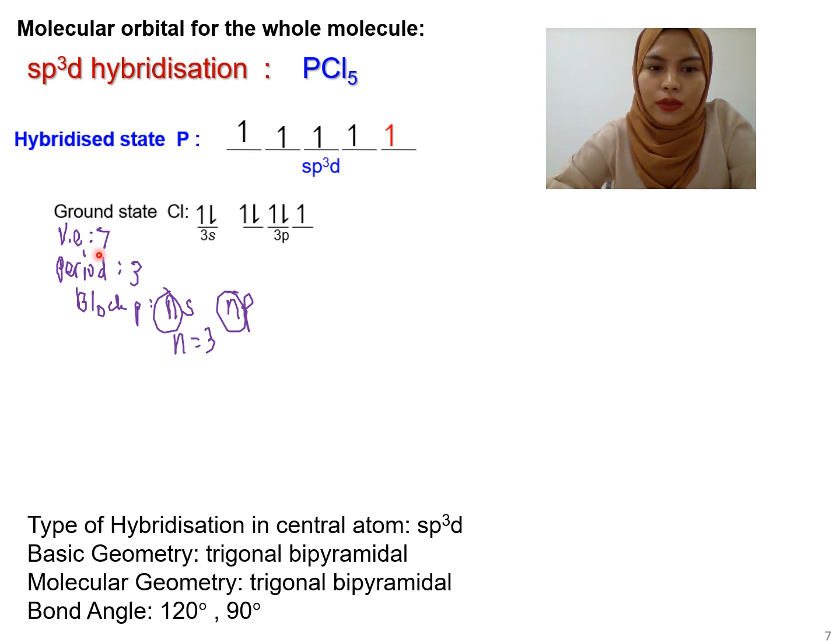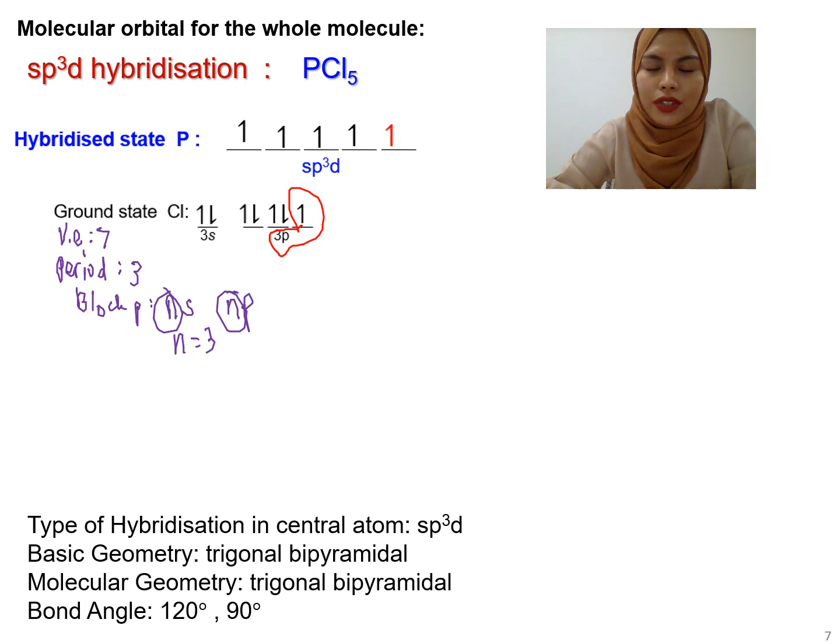And then since you tahu valence electron untuk Cl ada 7, you isikan sahaja mengikut Aufbau principle, isi pada s dahulu baru p. Therefore you akan find out yang you akan ada single electron di 3p. Okay, so you ada single electron dekat 3p orbital of Cl.